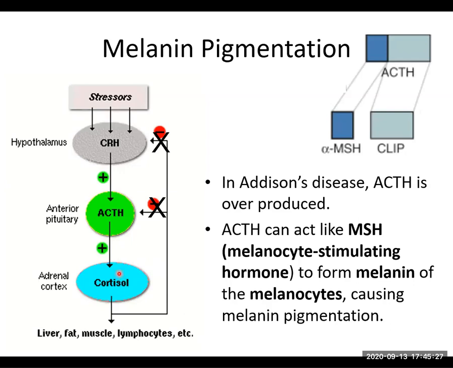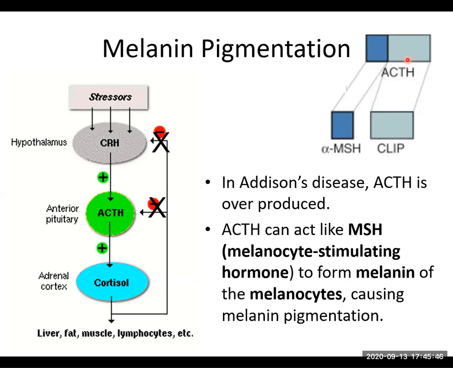So say we have lower cortisol, and that's Addison disease. With the lower cortisol, we have less negative feedback. With the less negative feedback, we will have overproduction of the ACTH.